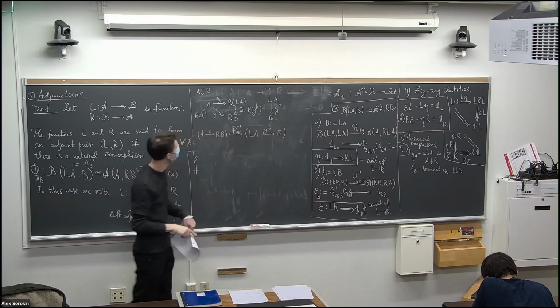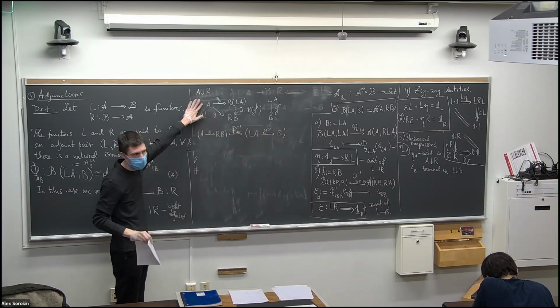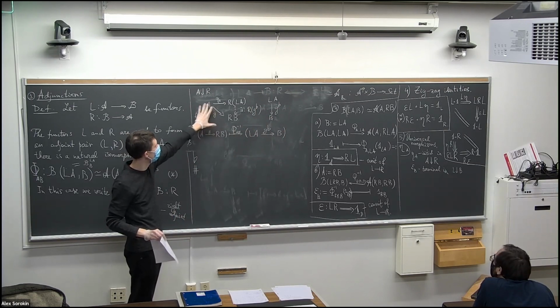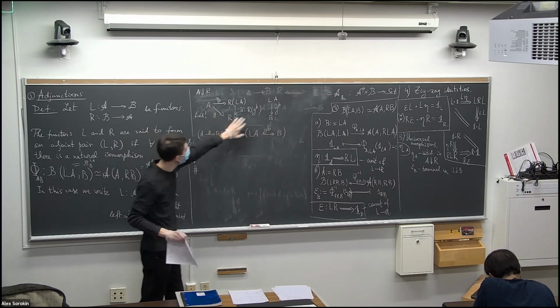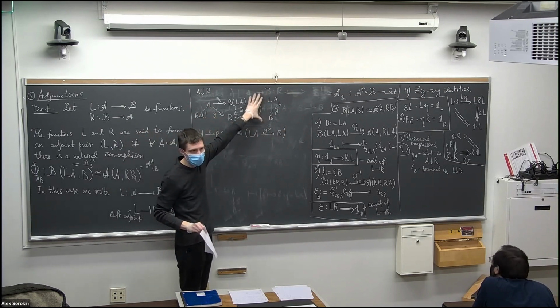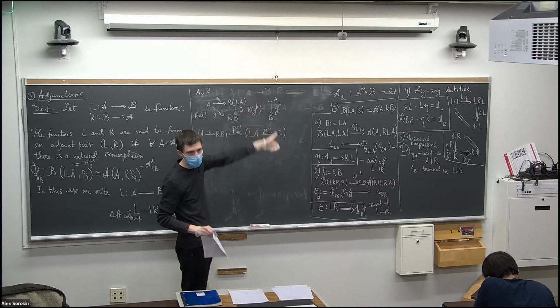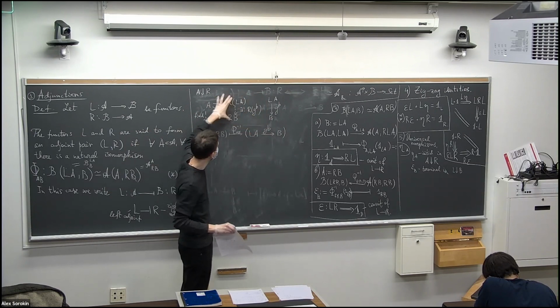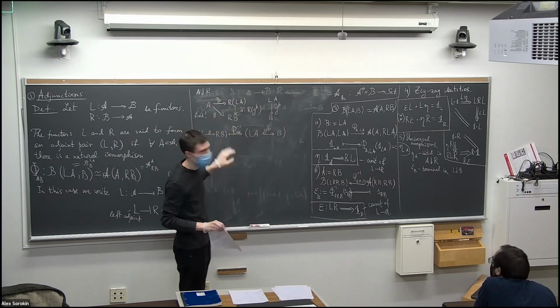So this one is fixed. And whenever I have a morphism G from A to RB, there will be its left adjoint, moving through the adjunction from the right to the left, and its image under R is a morphism in a comma category.